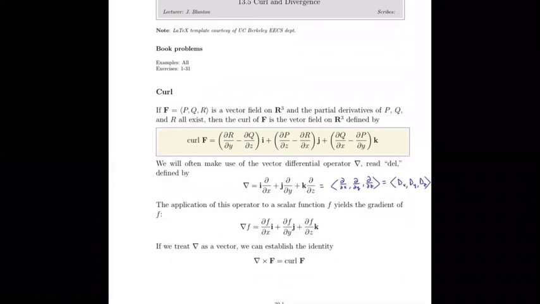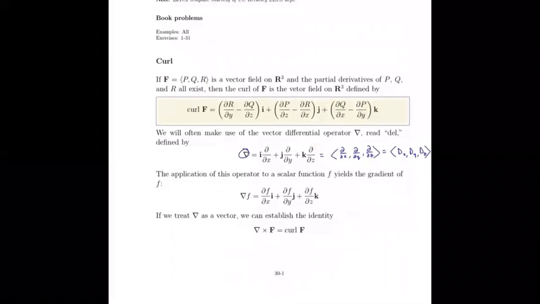So if we take the operator del and cross it with the vector F, we should be able to come up with the curl.